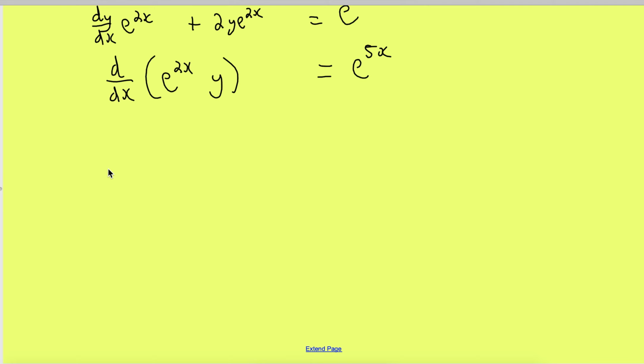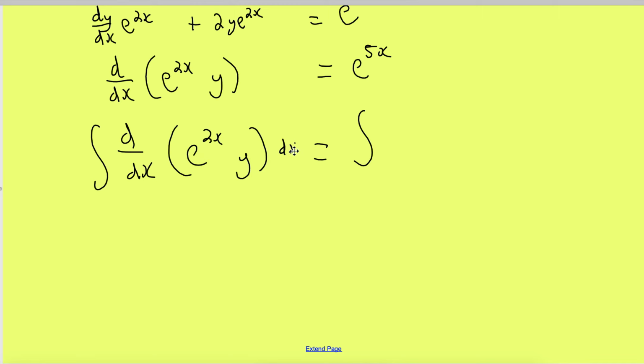Right, now, what we do when we get to this stage, we integrate both sides. I'll put a dx in there, right? Then, what it's telling me to do is integrate the derivative.